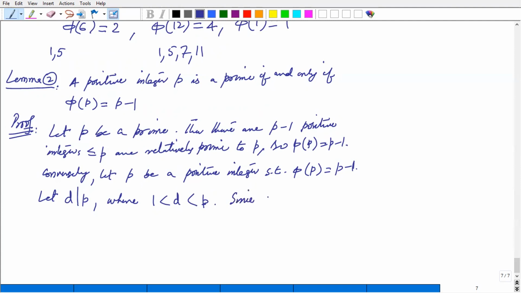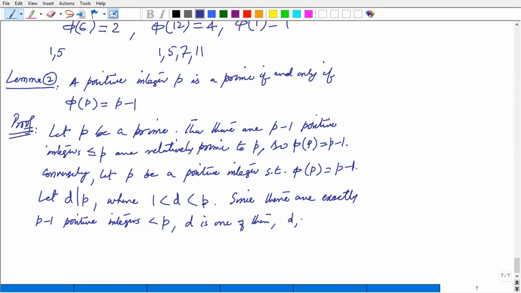Since there are exactly p minus 1 positive integers less than p, and d is one of them, then GCD of d and p must not be equal to 1.